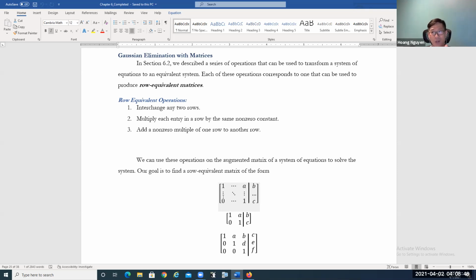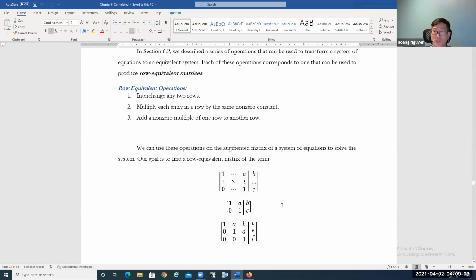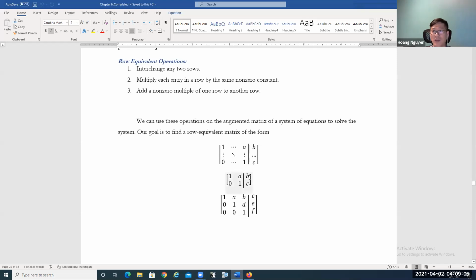So your job is to make sure that all of the elements on the main diagonal are 1, and then all of the elements below the diagonal are 0. It depends on how big the matrix is, right? If you only have two equations with 2 variables, then it's gonna look like this.